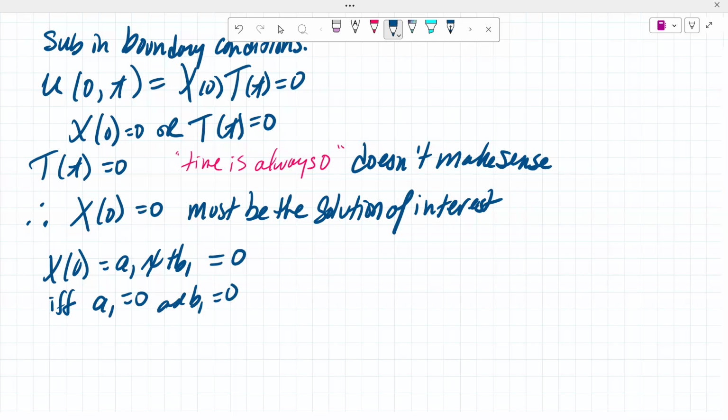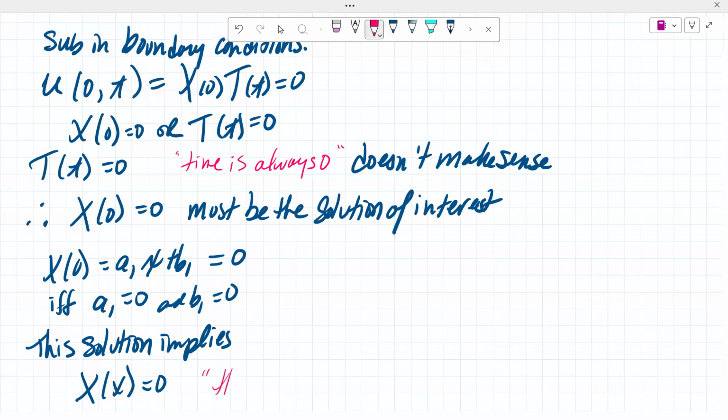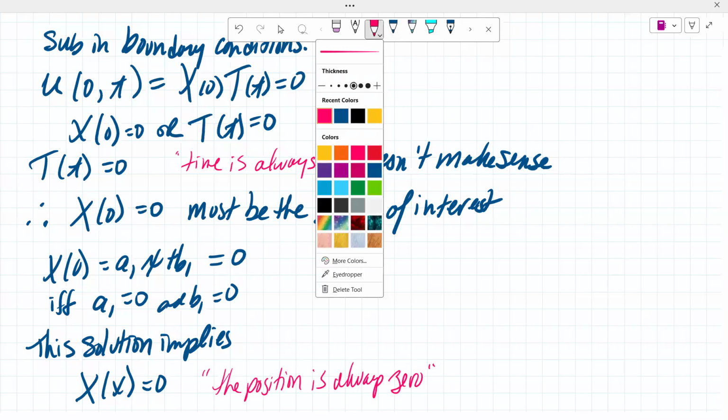This solution implies that X of x equals 0. The position is always 0. In other words, the wave never has any displacement. That also doesn't really make a lot of sense.